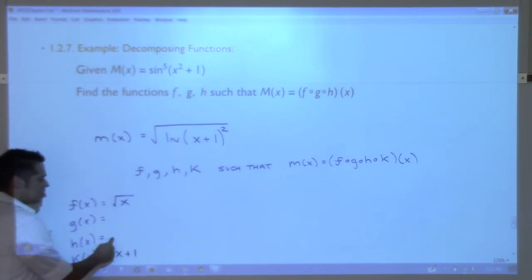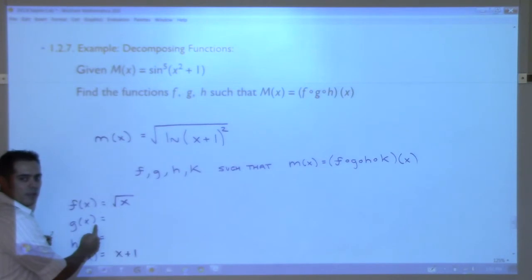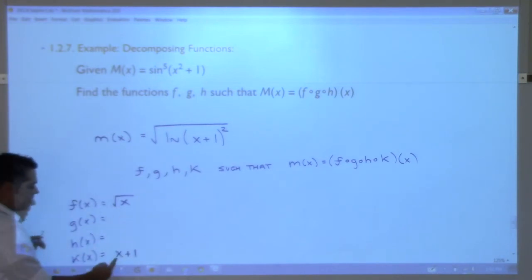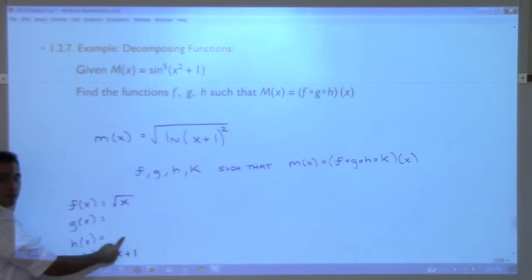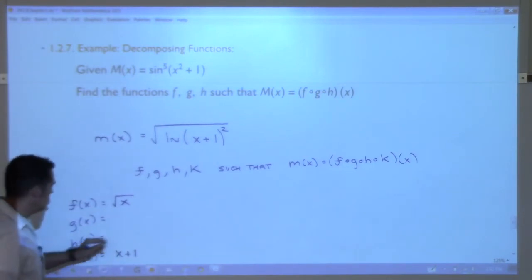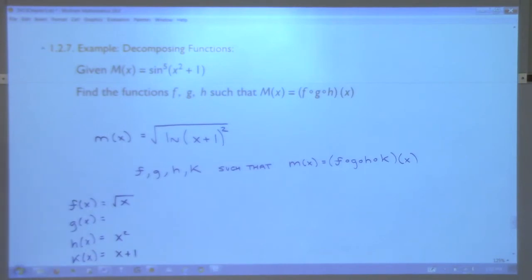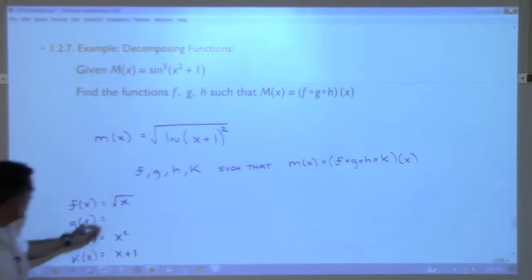You could do natural log of something here, but then you wouldn't need this one. So go through what Savannah was saying. First thing that would happen would be you'd put these together, right? And then what's the next operation after that? Squaring, right? So why don't we just put x squared here? And now, Savannah, it's back to you. ln x. Yeah, ln x.